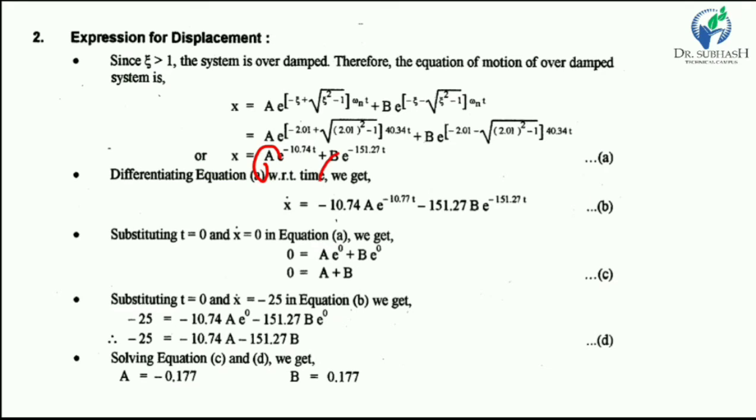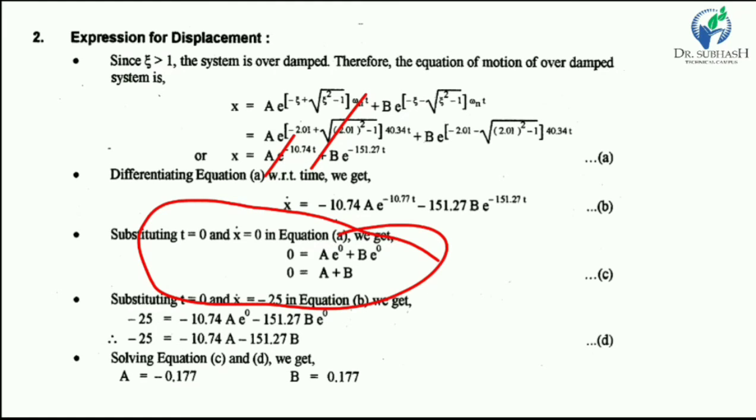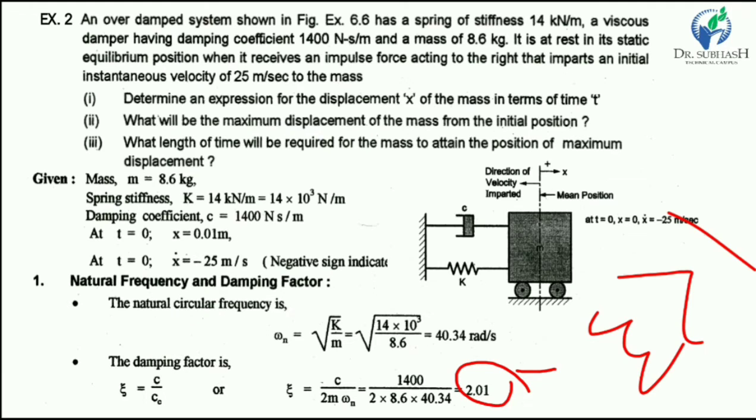Now a and b are arbitrary constants, so we have to find the values of a and b according to the initial boundary conditions, as per the data given in the example. At the initial time t equal to 0, the starting moment of vibration, the displacement is 0.01 meter, that is 10 mm, and the velocity is given as 25 meter per second.